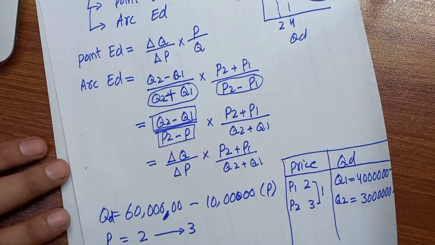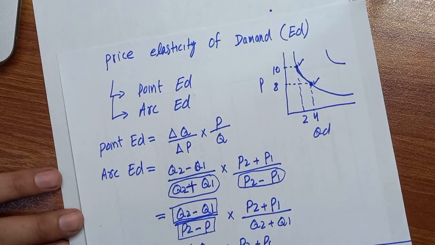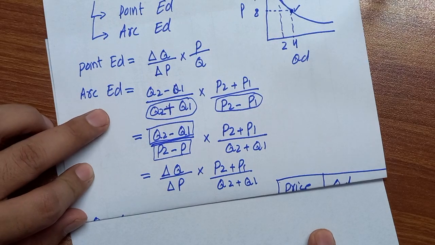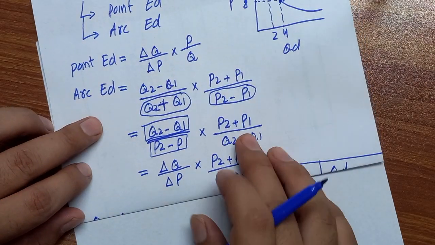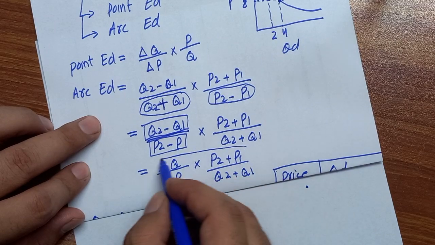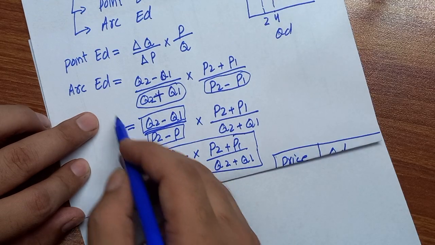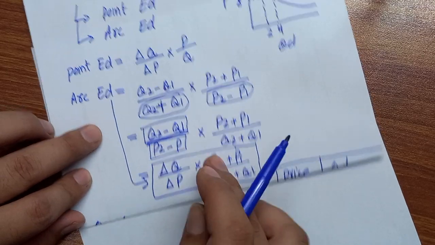Now we are going to find the arc elasticity of demand. So we have the formula of arc elasticity of demand, this. This is the formula of arc elasticity of demand.